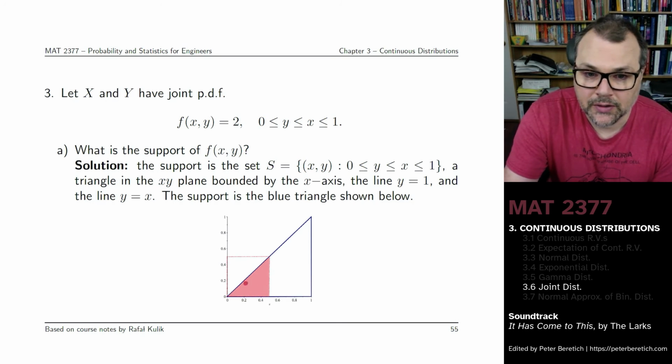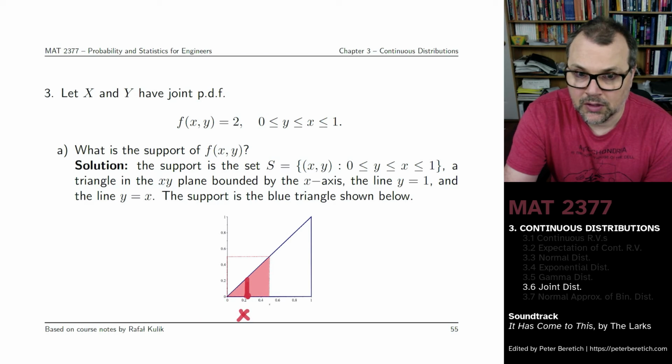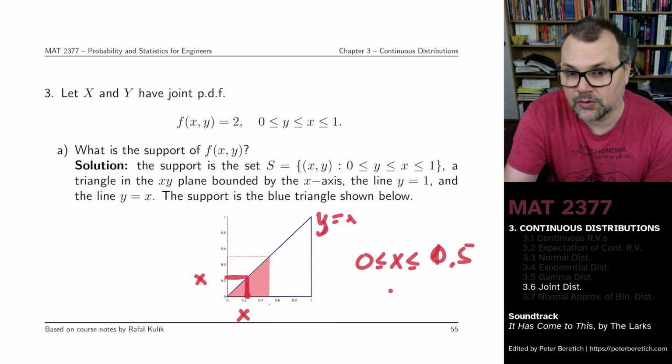If you pick an x value right here, the corresponding y values have to go from 0 all the way up to x, because this is on the line y equals x. So if x can be allowed to go between 0 and 0.5, the corresponding y values have to go between 0 and, well, they can't go higher than that.